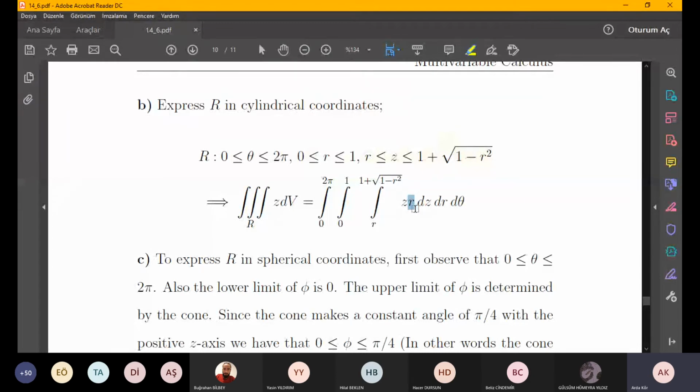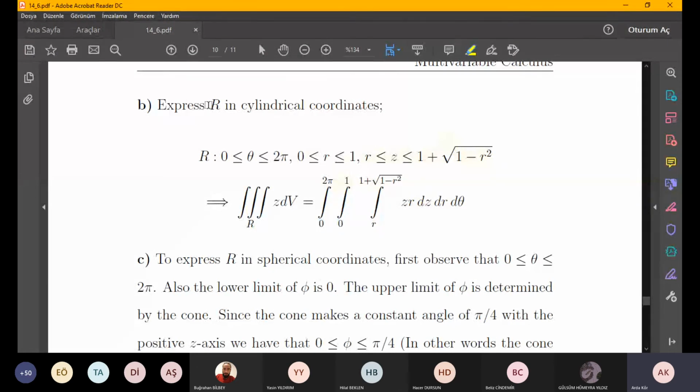The Jacobian is r, as we found out. So here will be f(x, y, z), which is z, times the Jacobian r times dz, dr, and d theta, and after all we will write the limits of integration with respect to z, r, and theta.